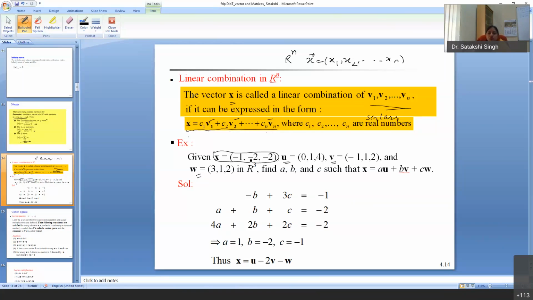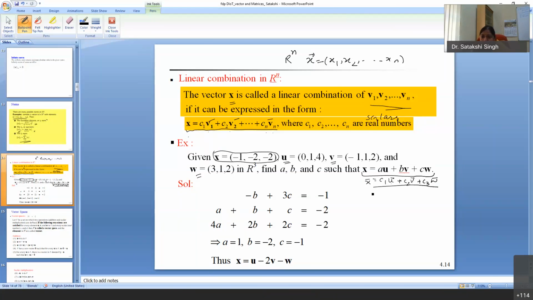Our aim is to see whether we can write x as c1 u plus c2 v plus c3 w. If we are able to write x as a combination of this kind, then we will say that x is a linear combination of the vectors u, v and w.